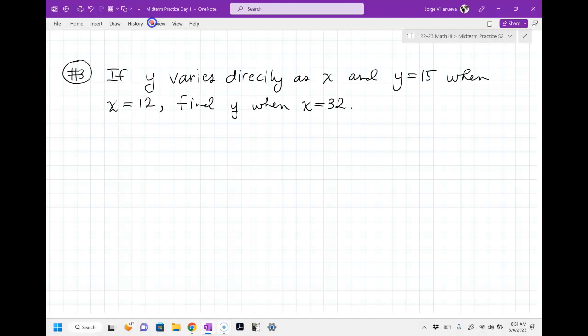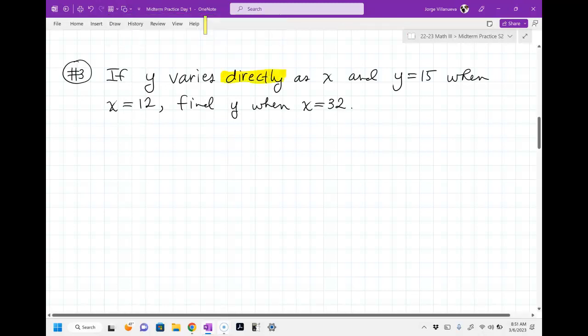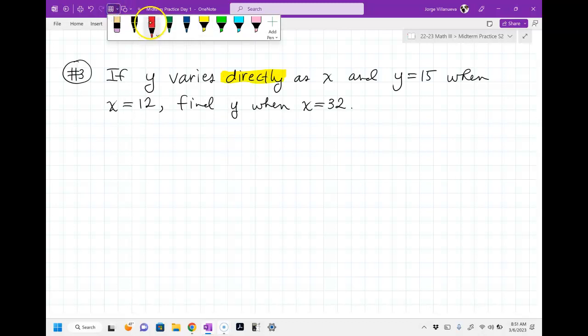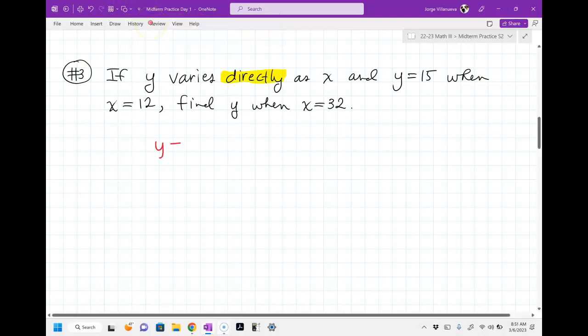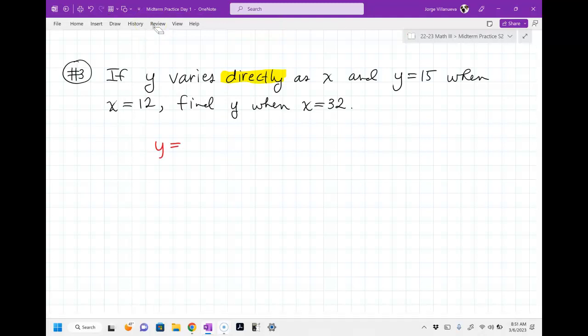So for us, when I see the word directly, this piece right here tells me it would look like this.